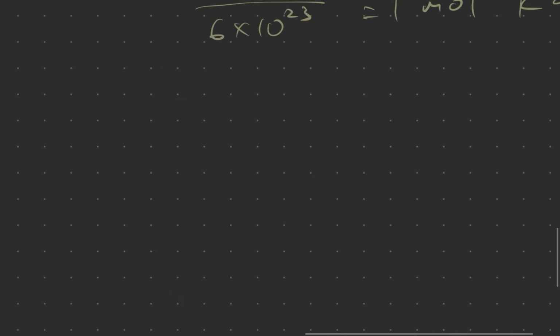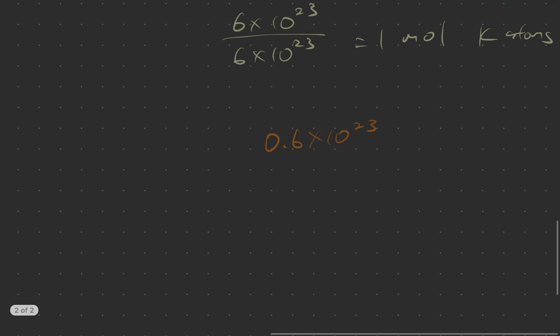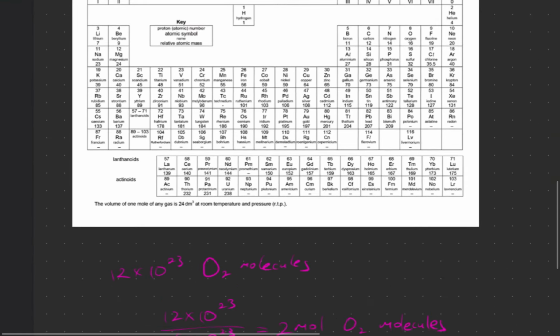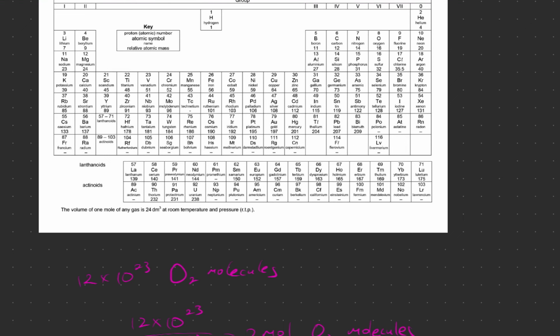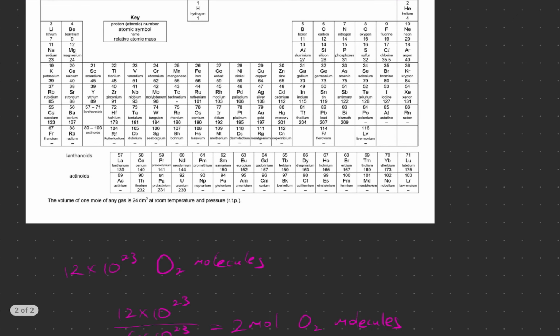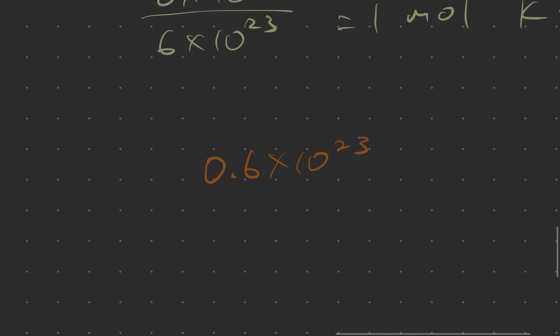Alright, let's do one more. Let's say I have 0.6 times 10 to the power of 23 arsenic atoms.